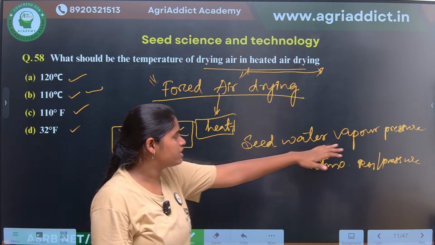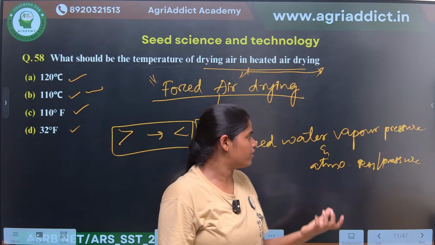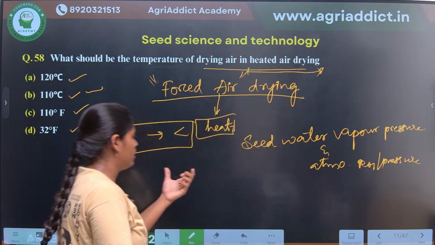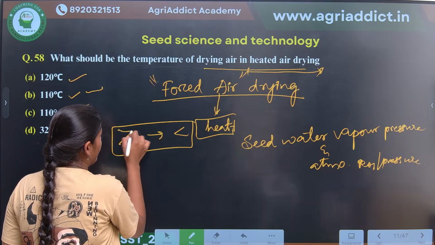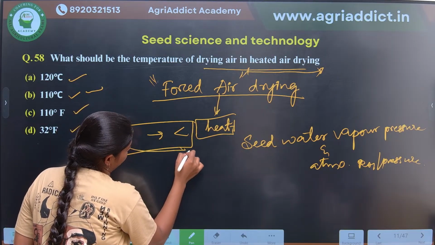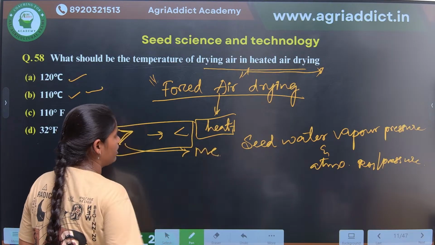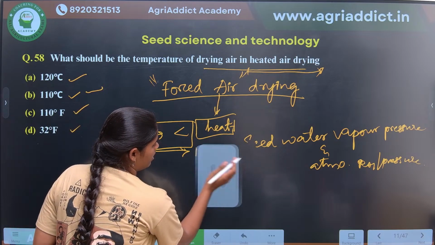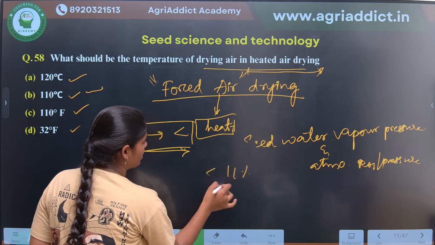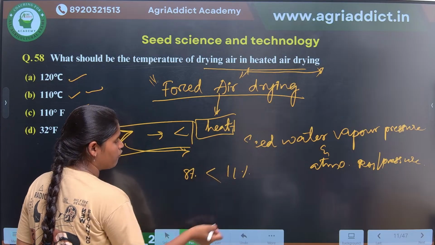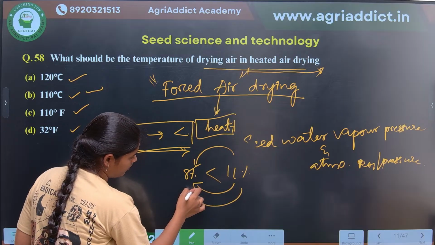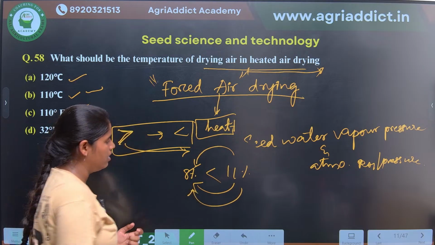So if the seed has more moisture content, more water vapor pressure than the surroundings, then it starts losing moisture. If the seed has very little, for example, it is 11% outside and our seed has 8%, then it starts gaining moisture, which is usually undesirable, right?